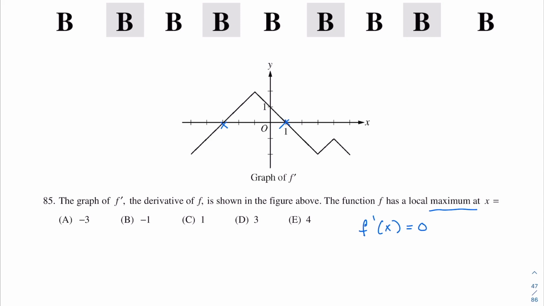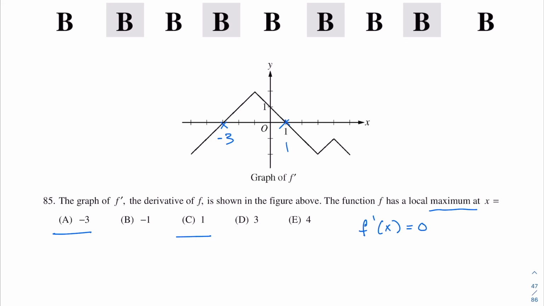Let's see if those match up with any of our options. This is x equals -3 and x equals 1. Yep. So here we can tell that it's either A or C. And the points around it tell us whether it's a maxima or minima.